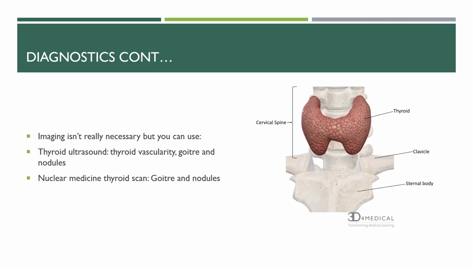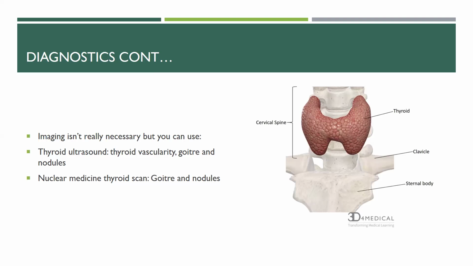You can also do a nuclear medicine thyroid scan, in which case you're looking for goiter and nodules. You don't really need to know the nitty-gritties of this, which is why I'm just going to leave it like that. If you want bonus marks, you can just say nuclear medicine thyroid scan.